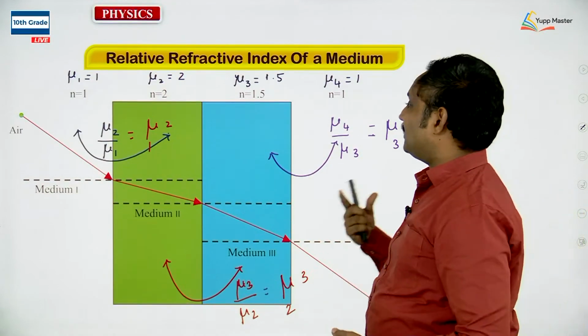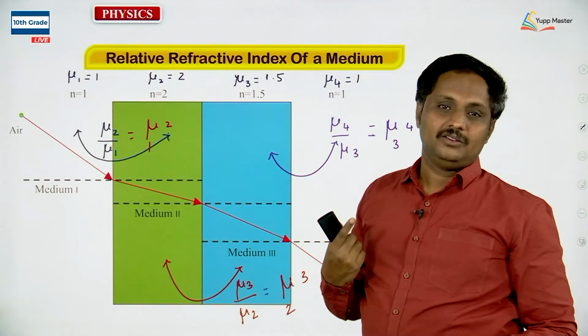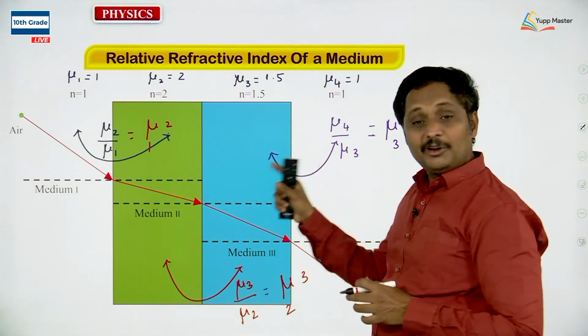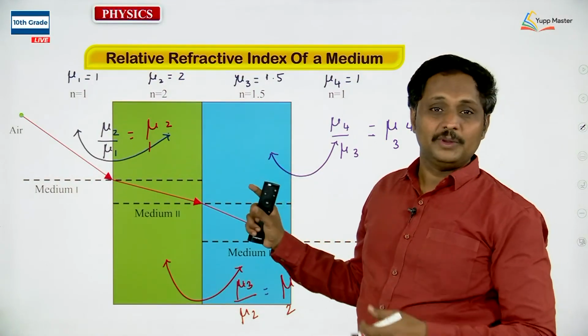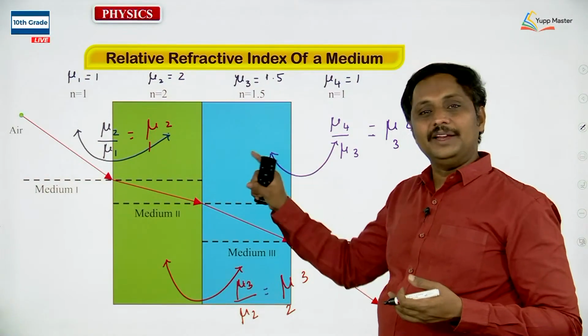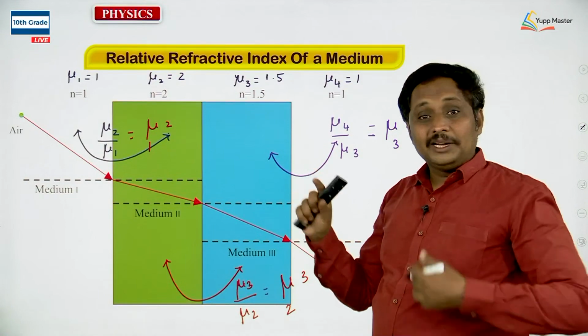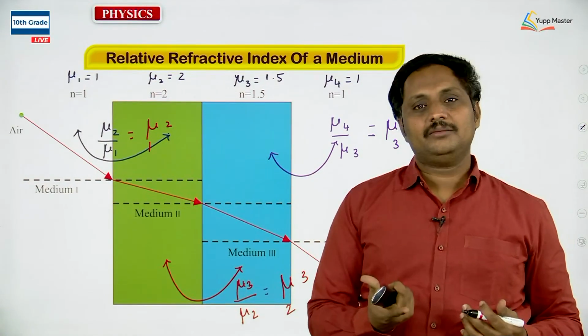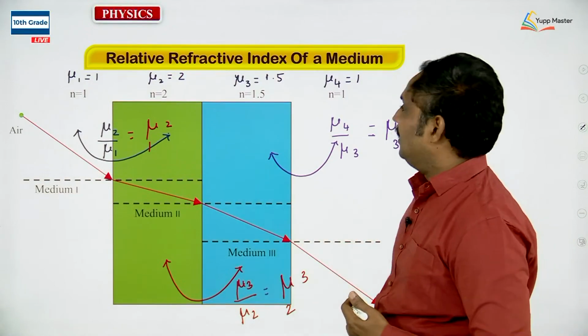They are transparent materials to light, so we cannot stop the light from entering from one medium to another. It is a continuous process. It will enter, so refraction takes place multiple times. It is very clear. Let's go for the problems.